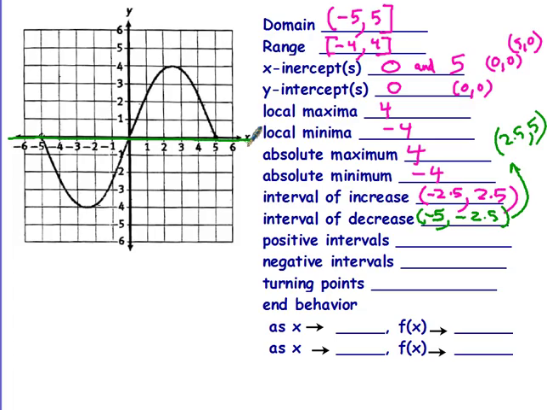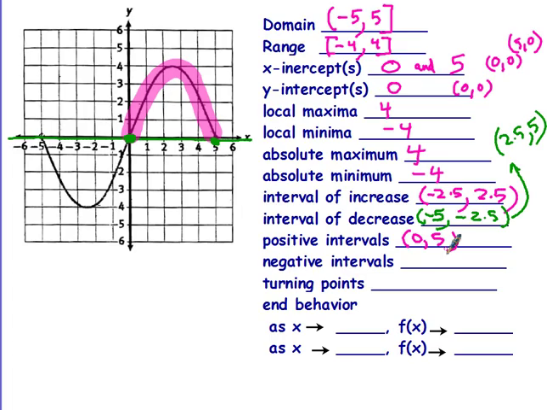Well, the graph is above the x-axis from here all the way to here. And I need to describe that interval in terms of x values. So between an x value of 0 and 5, that graph is positive.